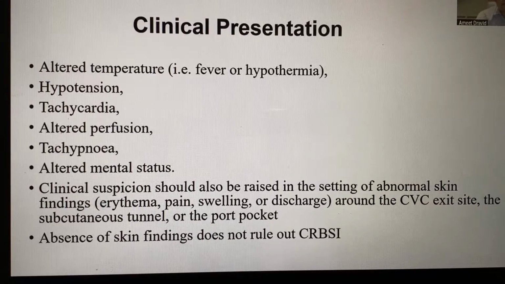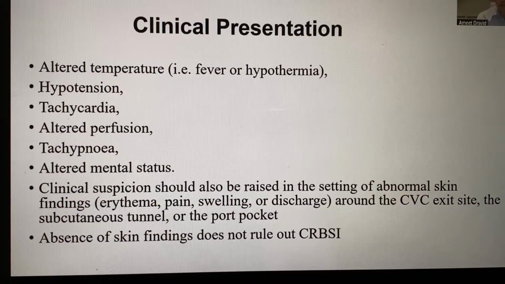What is the clinical presentation? Altered temperature. So the patient has either fever or hypothermia, he has hypotension, he has tachycardia, he has altered perfusion, tachypnea, and sometimes even altered mental status. Clinical suspicion should also be raised when there are abnormal skin findings, which I have already mentioned, like erythema, pain, swelling or discharge around the CVC exit site, the subcutaneous tunnel or the port pocket.